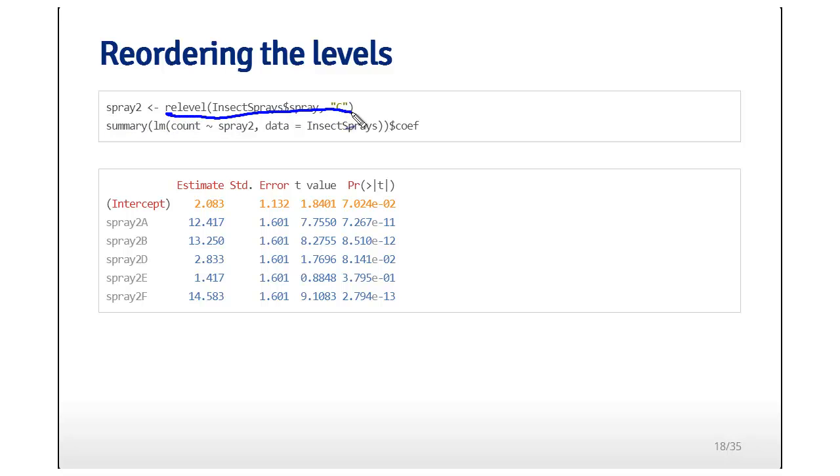This is basically saying I want C to be my reference category, and then I just fit my ordinary thing, and now spray C is my reference category. Notice there's an effect for A, B, D, E, and F, and an intercept, and C is the one that's omitted. Now this 12 is the subtraction between spray A and spray C. And so your p-value is interpreted as a comparison relative to spray C.